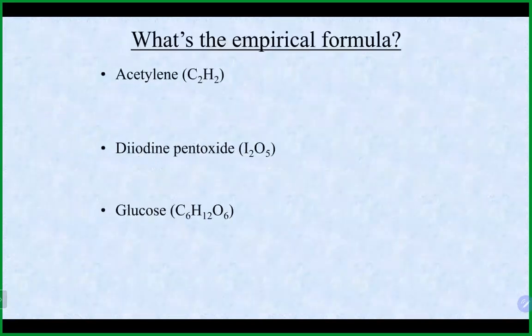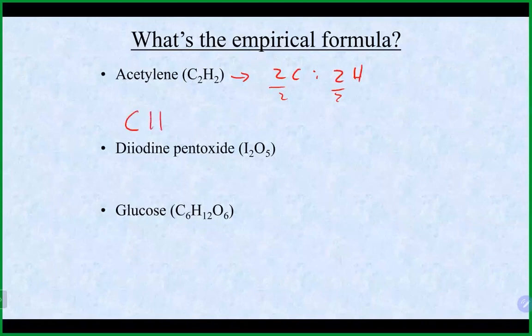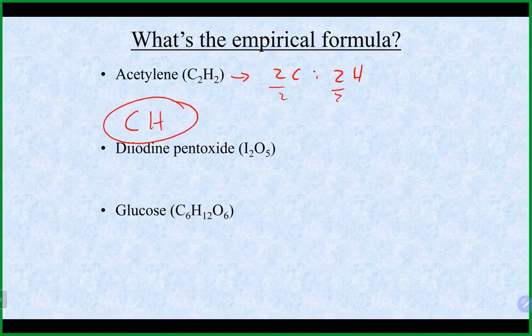All right, so take a moment here and figure out the empirical formula for each of these. This first one here, we have 2 carbons for every 2 hydrogens. You clearly can reduce those down by 2, which would give you 1 carbon for every 1 hydrogen. So the empirical formula there would be CH.